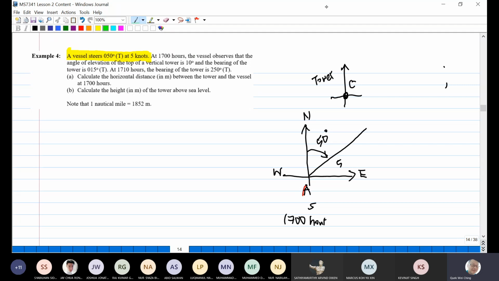Let's look at the direction first. Don't worry about the angle of elevation. The tower's bearing is 015.